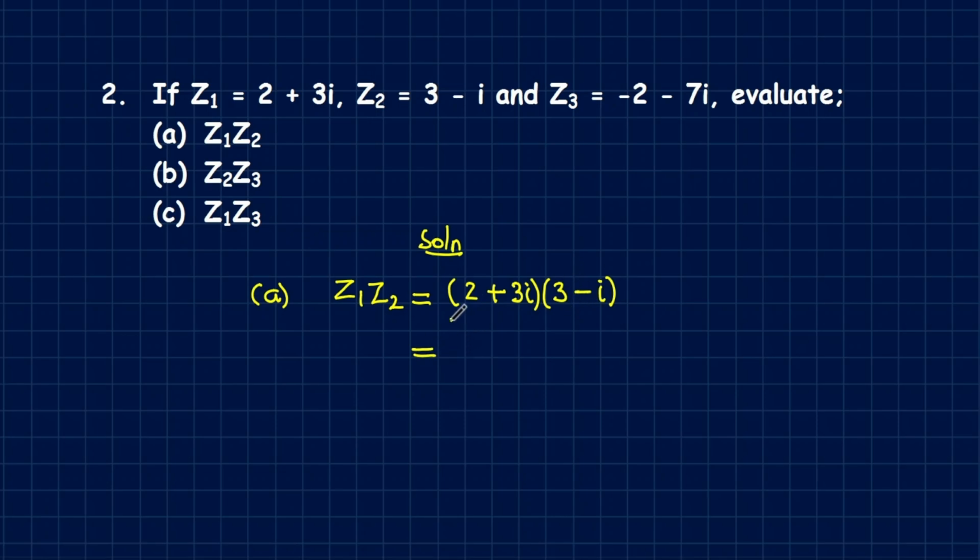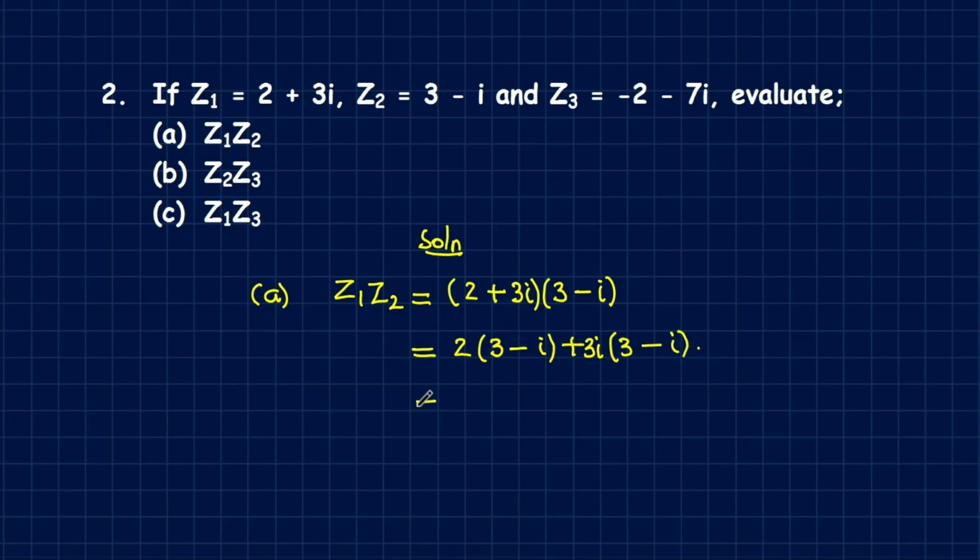So let's use the distributive law once more. So we'll have 2 multiplies the second bracket, and that is 3 minus i. And the second number in the first bracket is 3i times the second bracket, 3 minus i.